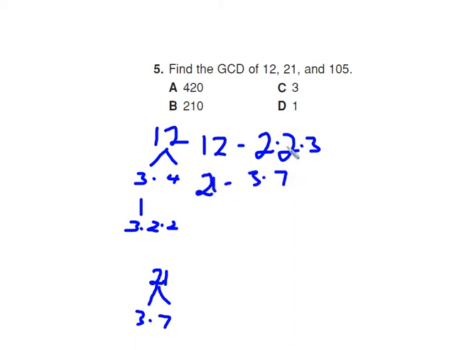And then 105. Well, 105 is divisible by 5 because it ends in 5.